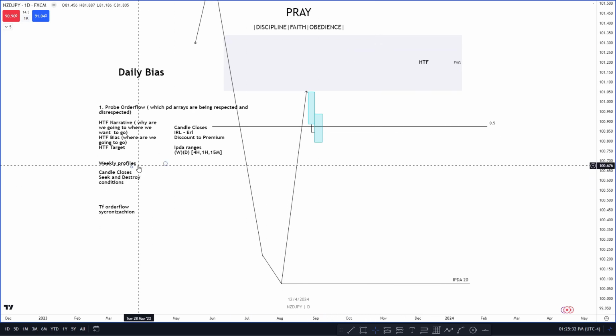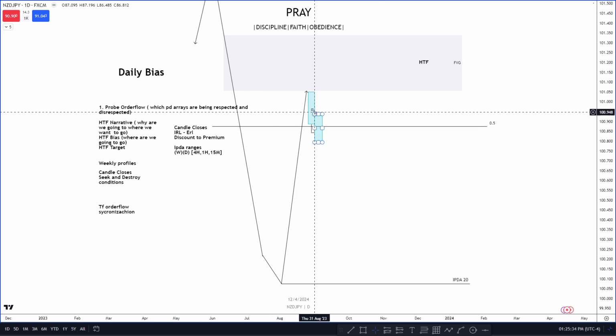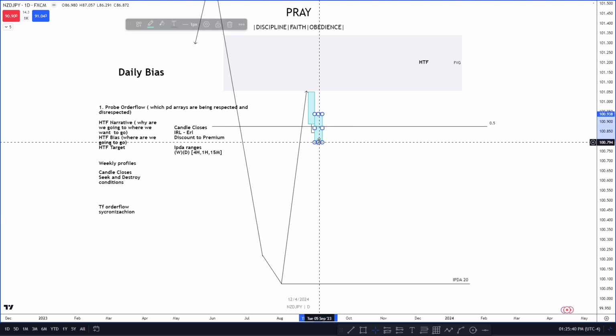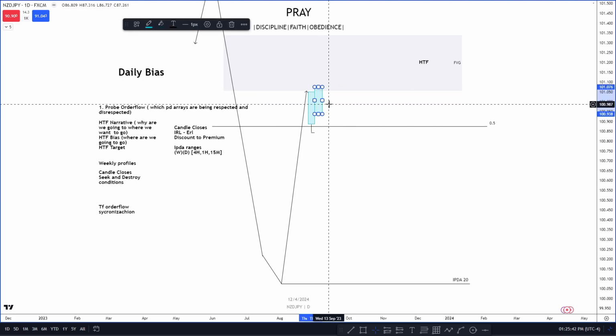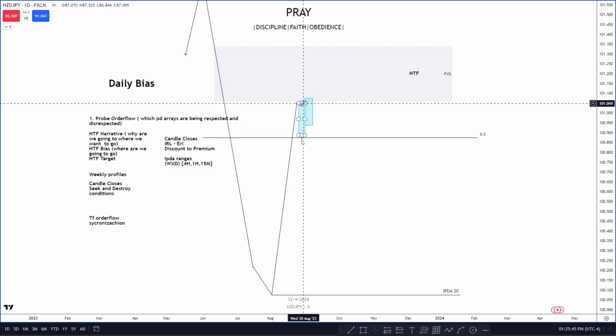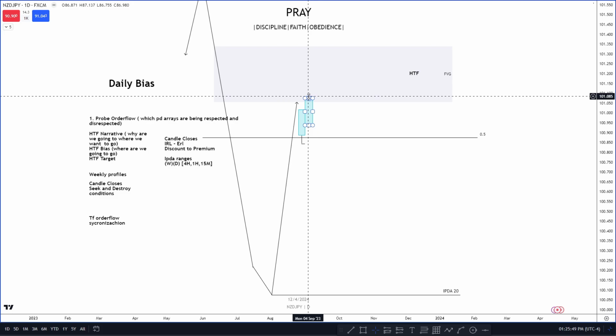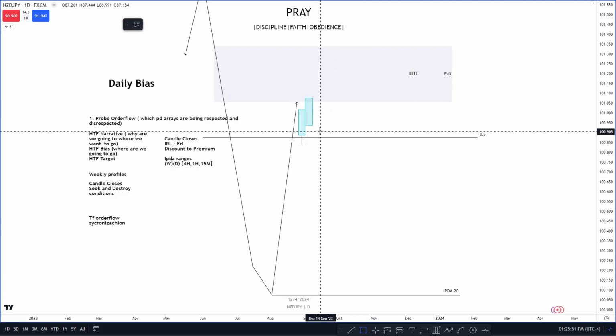So now you have your weekly profile, right? So let's say that Monday just accumulated. Tuesday, we could get the tap into the high time frame PD array, right? Monday accumulated. Tuesday making high of week, sweeping all the orders that were here, right?